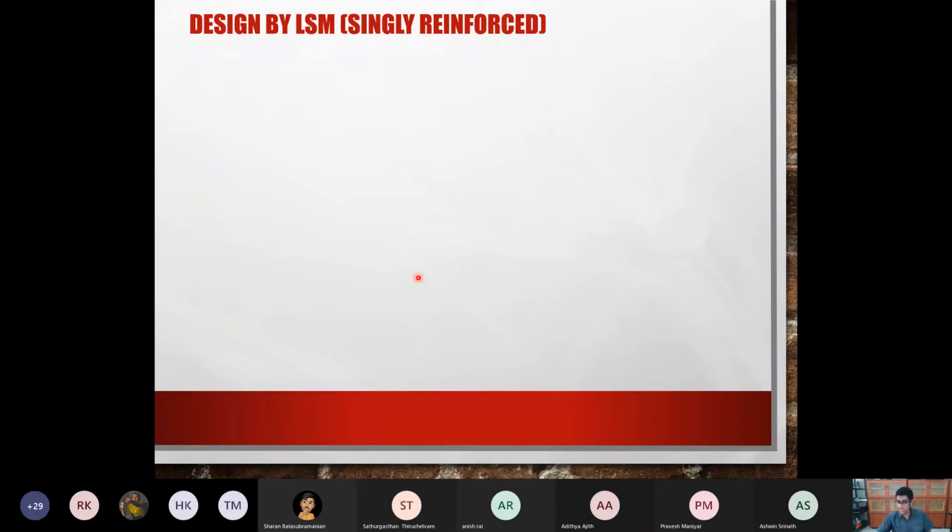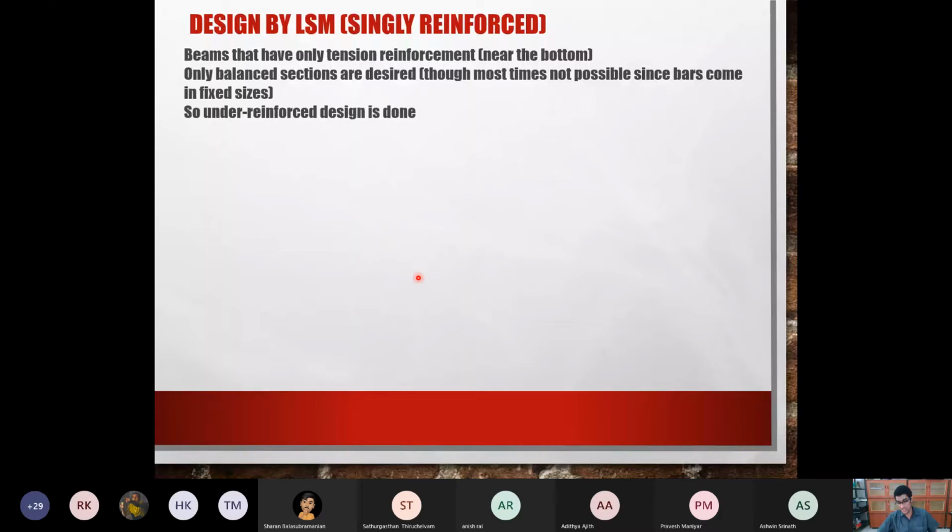The opposite of that is design, where you will be given the length of the beam, you will have to calculate the moment and shear, and you will have to decide the size of the beam, the reinforcement, and what grade of steel and concrete you can use to withstand that load and moment. That is design. Both are counterparts.